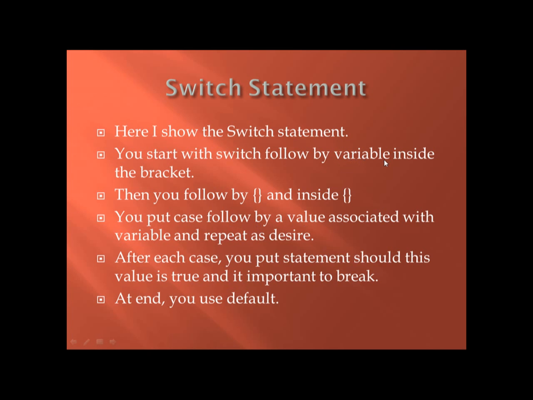So if the variable is i, you can put in values 10, 20, 35, and so on. Repeat that for each case. After each case, you put in the statement should that value be true, and it's important to break. And then you use default. Now it may not be clear at first, so that's why I'm going to show it in Java.